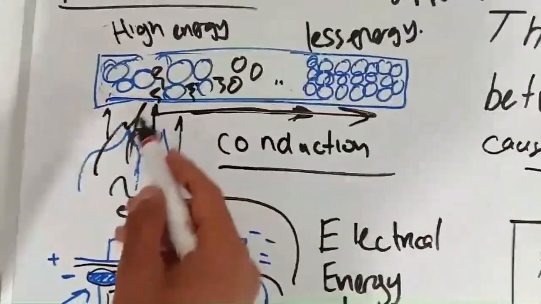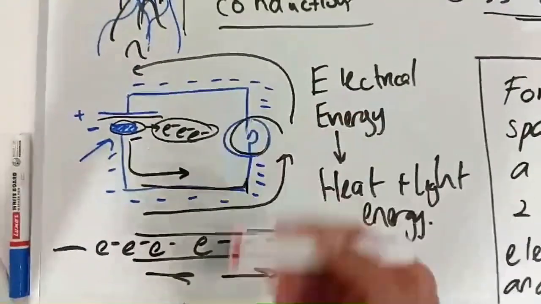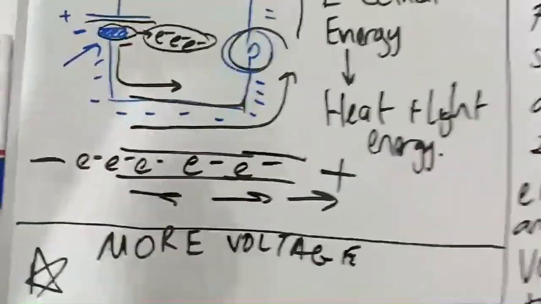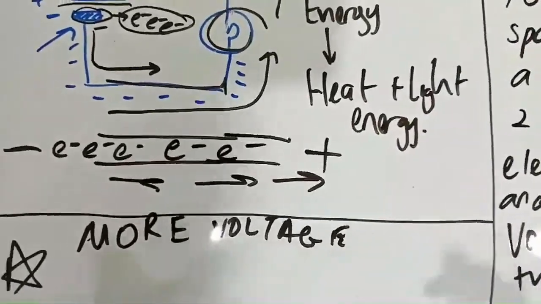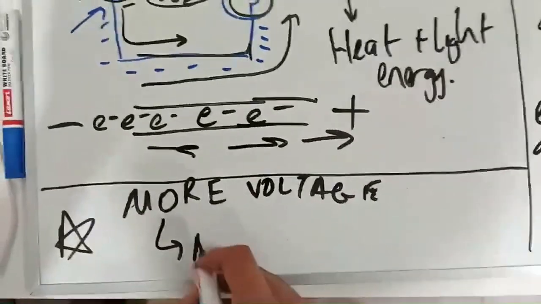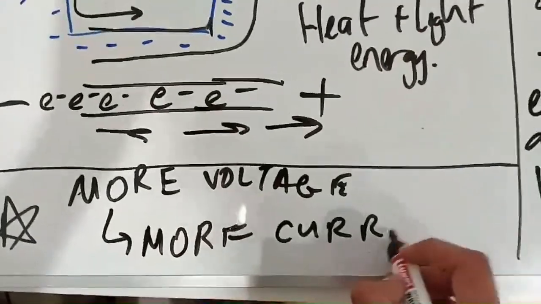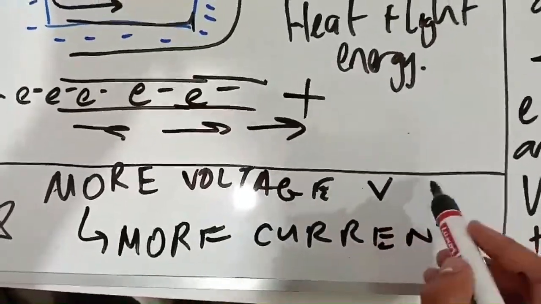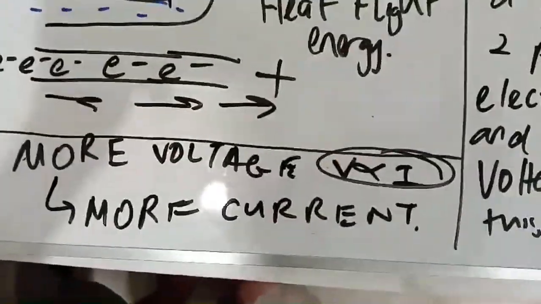And if I heat this less, there will be less energy transferring. So, in a similar way, if we create a larger difference in the charge, then there will be more current. That's something that we've seemed to establish, right? So we can say that voltage is proportional to current, right?